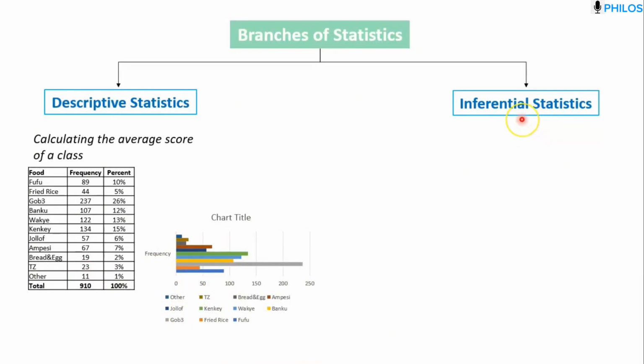Then inferential statistics is a branch of statistics that uses data from a sample to make conclusions or predictions about a larger population. An example is, let's say, based on the survey of the 910 students' preferences at KNUST main campus, you might infer that 26% of students on the entire campus go for Gobe for lunch, even though the survey was only conducted with a sample of 910 students.